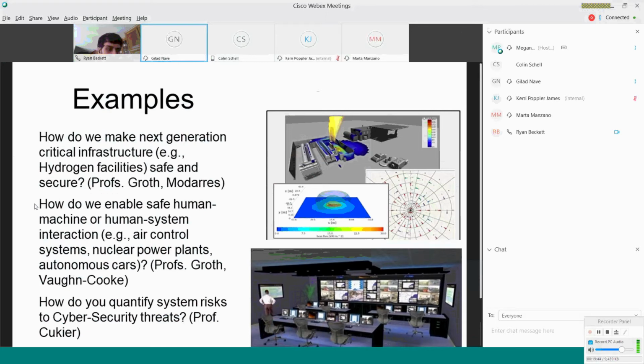And then finally, how do you quantify these system risks to cybersecurity? The professors who lead in this area are Professors Katrine Groth, Mohammed Modarres, Mary Fonk Cook, and also Michel Cukier.